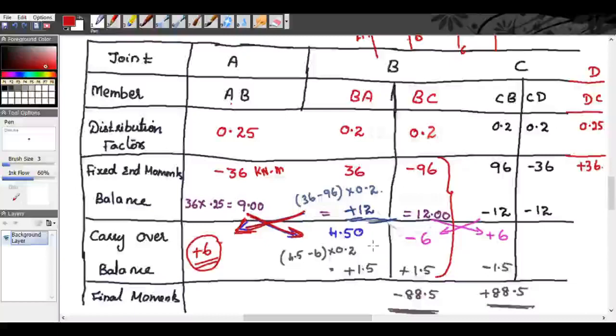But here it will not be equal to 0 because we are not considering the column. That is the sum of moments at joint B or at joint C. If you take the columns, the moment distributed to the columns, we are not considering that. Okay, so that the summation will not be equal to 0.